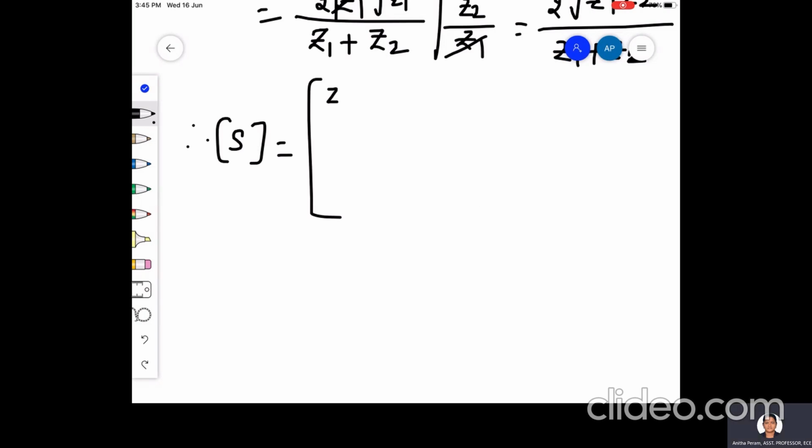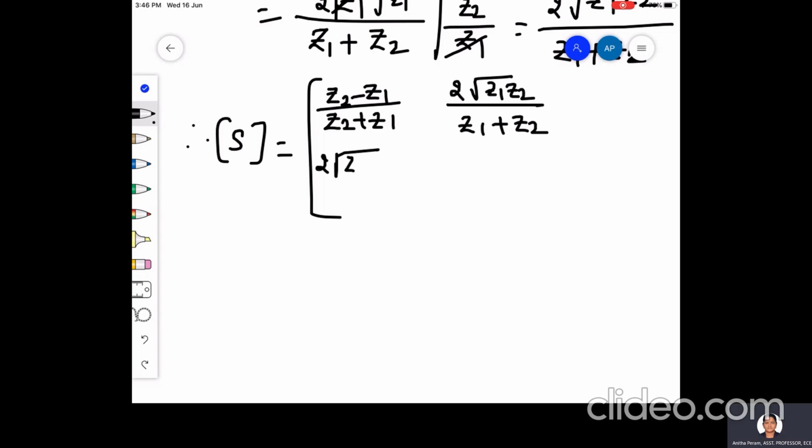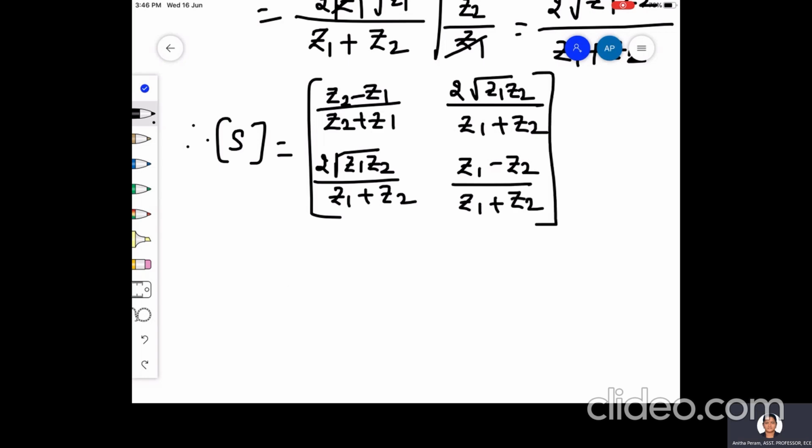S11 we have got as Z2 minus Z1 by Z2 plus Z1, and S12 we got as 2 into square root of Z1 into Z2 by Z1 plus Z2. And even this we have got the same, 2 into square root of Z1 into Z2 by Z1 plus Z2. The last one we have got as Z1 minus Z2 by Z1 plus Z2. So this is the S matrix which we have got for the given two-port network.